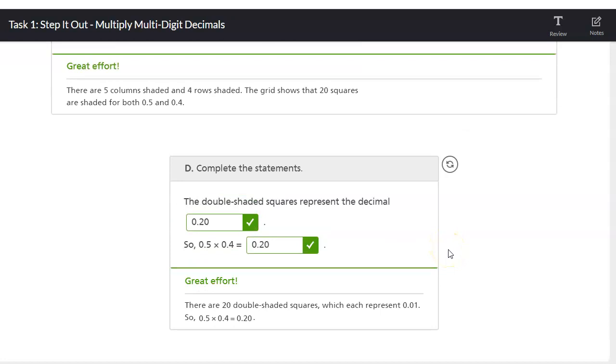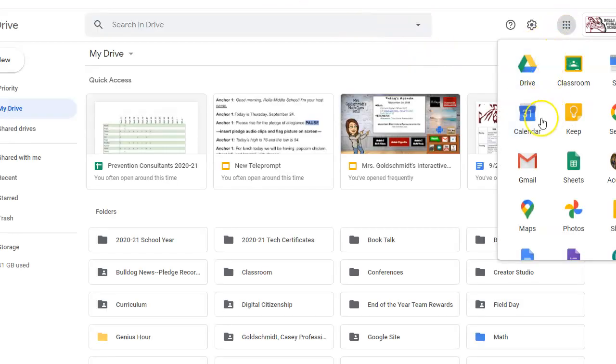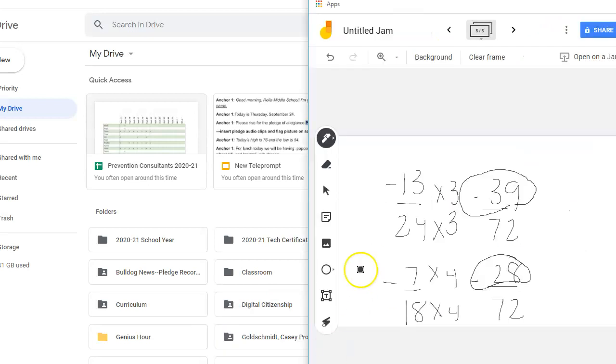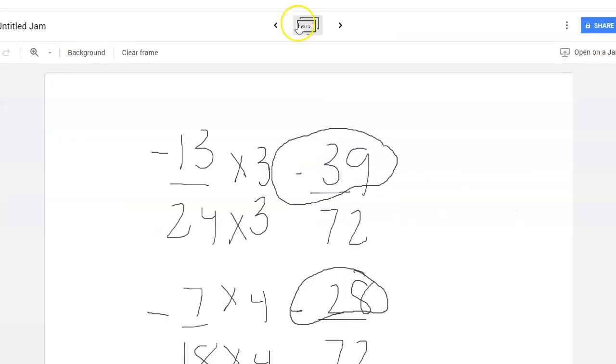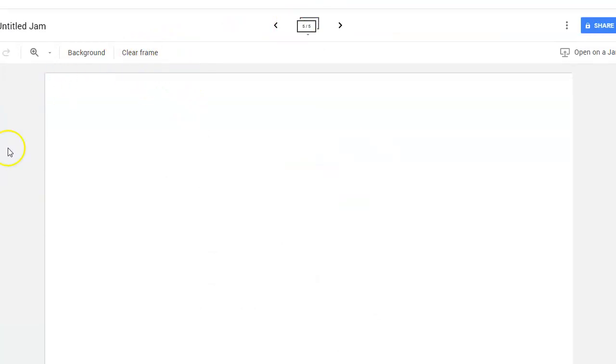Now, I'm not going to expect you to be doing that all the time. Let me get a Jamboard pulled up here and I will show you. Ooh, I have one right here. Let me show you what I'm expecting for you to do. So I have 0.5 times 0.4. It's like I'm multiplying 4 times 5. 5 times 4 is 20.